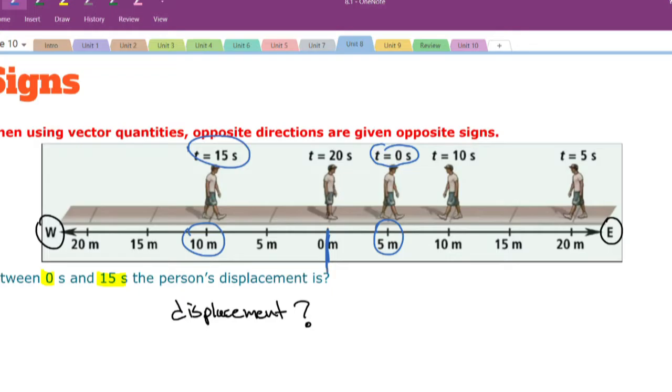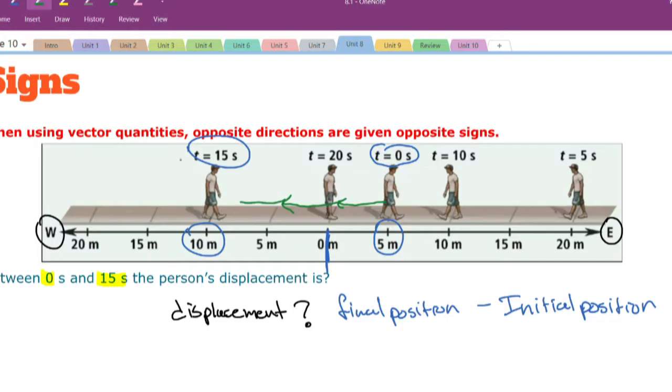So when we talk about displacement, it's our final position minus our initial position. Or how far have you gone from where you started? In this particular example, if you're starting there, there's 5 meters, there's another 5 meters, there's another 5 meters.